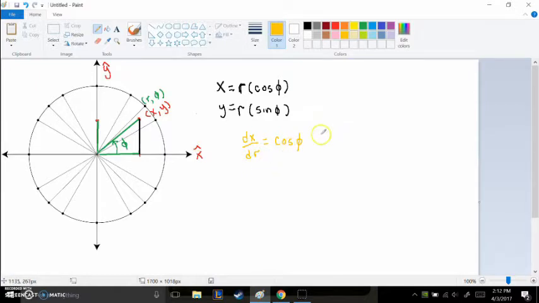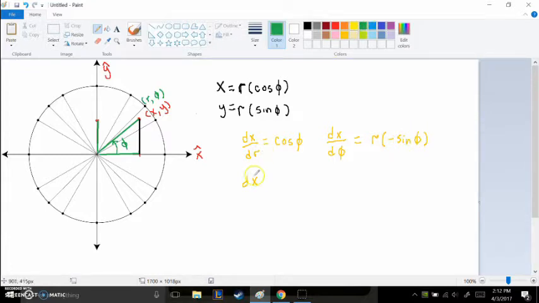Then we'll go ahead and do dx by d phi. I'll do it up here. And this is going to be equal to the constant r times the derivative of cosine of phi, which is minus sine of phi.